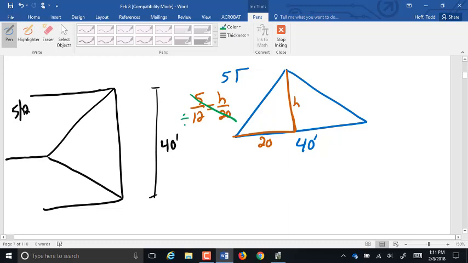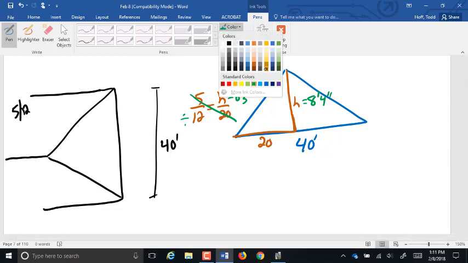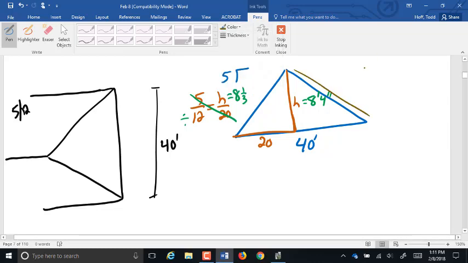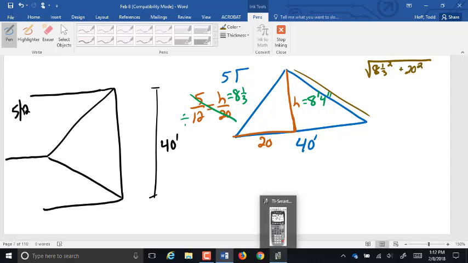5 times 12, 5 times 20 divided by 12. 8 1/3. So 8'4" is our height, but 8 1/3 is our 8.333. So then to find our common rafter, it is 20 squared, right?